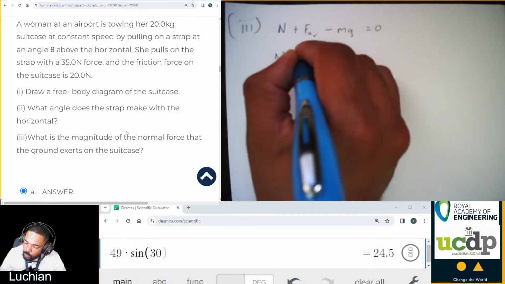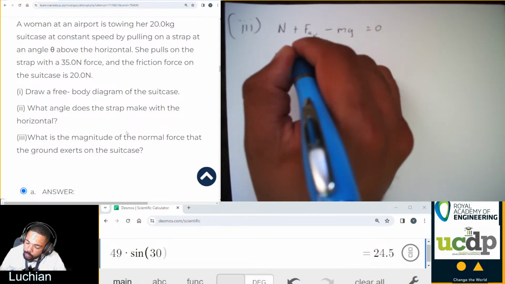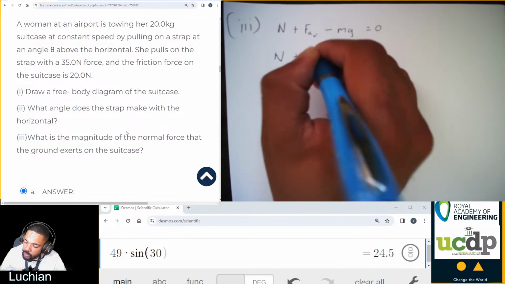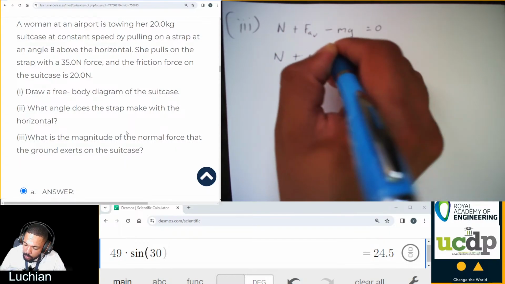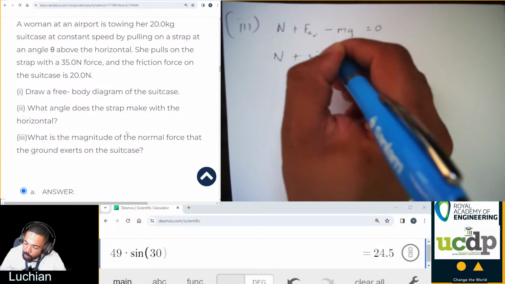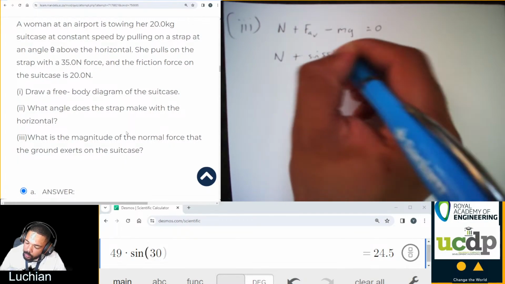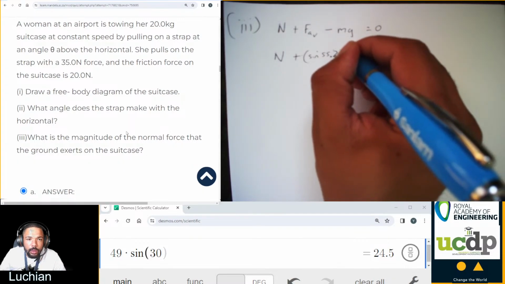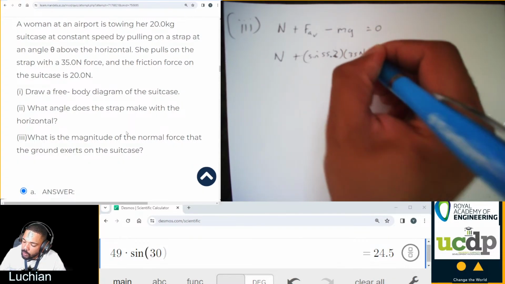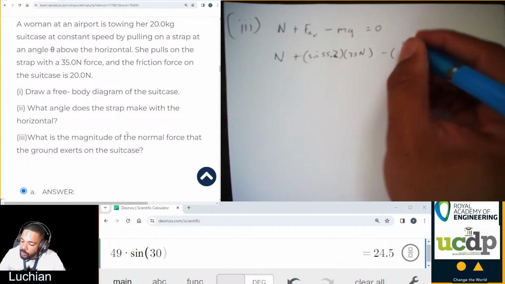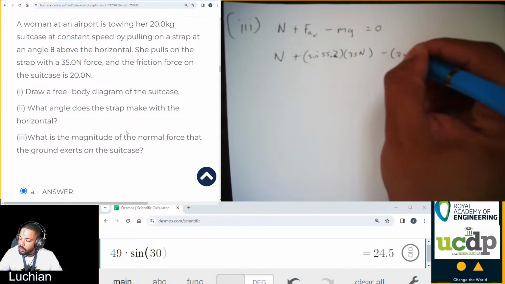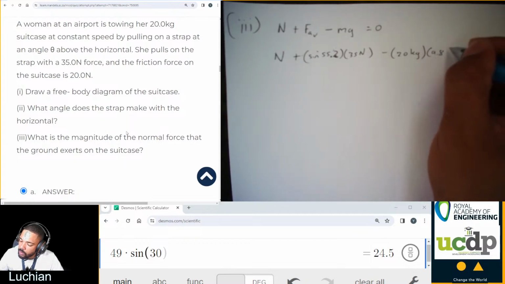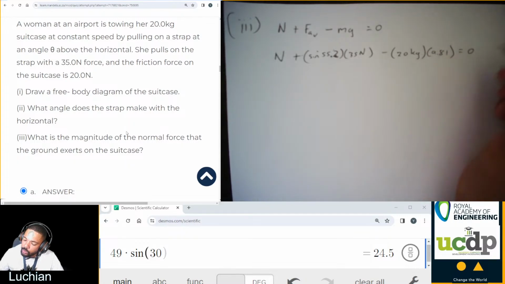Now we want the normal force. The vertical component of the applied force is none other than the sine of 55.2 degrees multiplied by the applied force of 35 newtons, minus its weight, which is just the mass, 20 kilograms, times 9.81, and that should all equal 0.